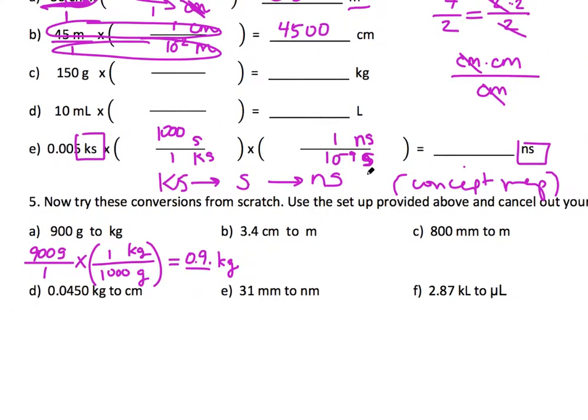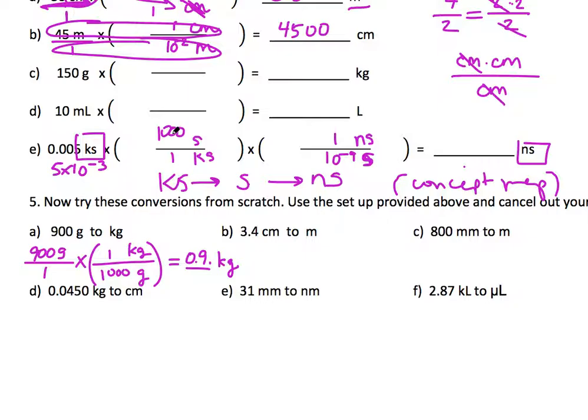Yes. So the math you would do is 0.005, is it? Times 1,000 divided by 10 to the minus 9. Without a calculator, well, you can use a calculator if you want, but I don't have one in front of me, so I'm just going to do 5 times 10 to the minus 3 times 10 to the 3.